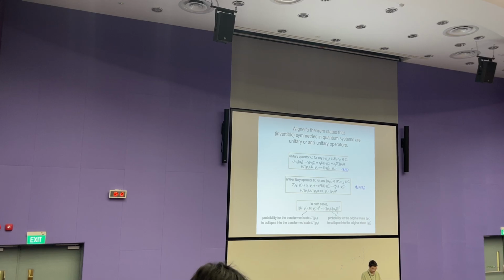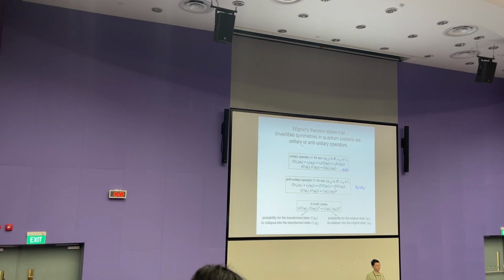This is the probability for the original state psi 1 to collapse into the state psi 2. And the left-hand side is the probability for the state U psi 1 to collapse into the state U psi 2. In fact, if we demand this hold in general, then that's how Wigner showed that all these invertible symmetries must be either unitary or anti-unitary.